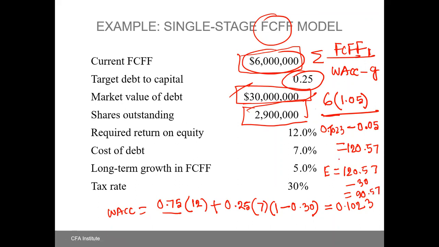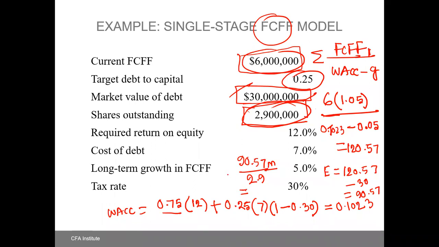90.57. Do we have the number of outstanding shares? We have the number of outstanding shares, 2.9 million. So what can we do? We can ask our calculator to divide the $90.57 million by the 2.9 million outstanding common shares, so that we can get the equity value per share. Have we got it?